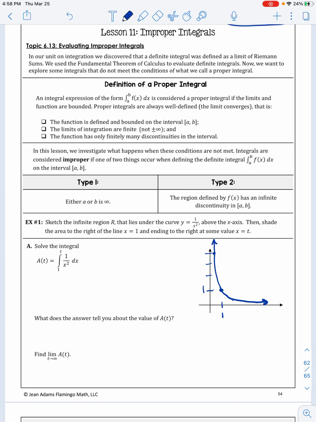So you can see that if I started here at 1 and I was trying to find the area under the curve from 1 to some t value, that's what models this integral. So the area A of t is equivalent to the integral from 1 to t of 1 over x squared dx.